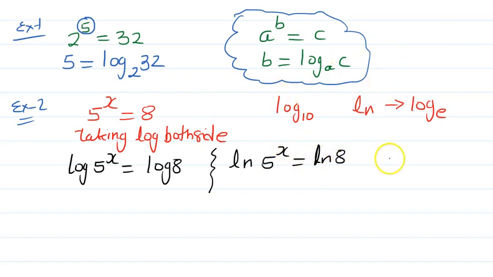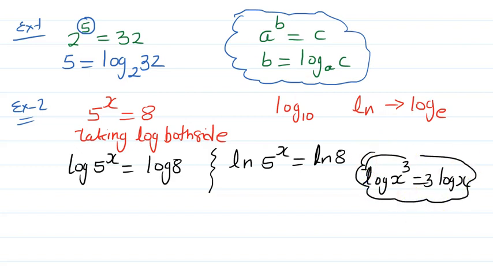So using this rule, log x to the power 3, then 3 comes forward and it will be 3 log x. I'm going to use this rule now. So x comes forward, so that it will be x ln 5 equal to ln 8, and x equal to ln 8 divided by ln 5.